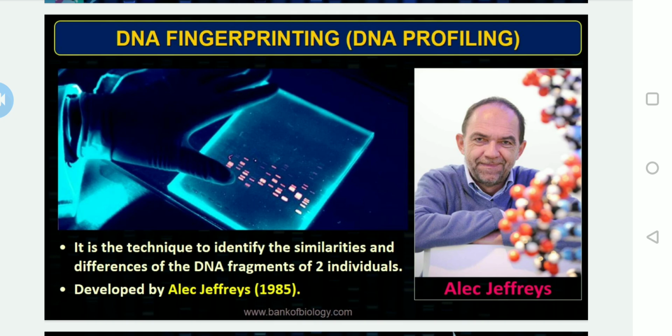This DNA fingerprinting technology was developed by Alec Jeffreys of Leicester University, UK. In 1985, because of his discovery of DNA fingerprinting technology, he was even awarded the Nobel Prize. That was a wonderful discovery in the field of science.